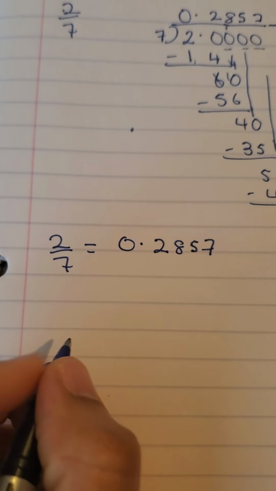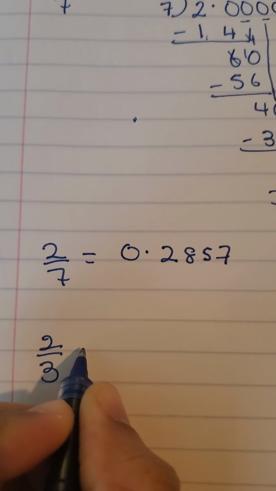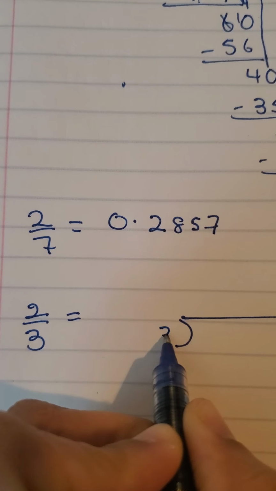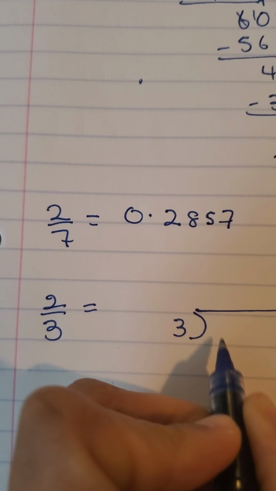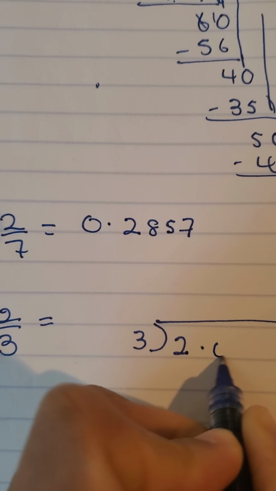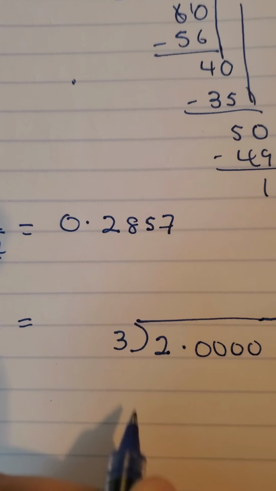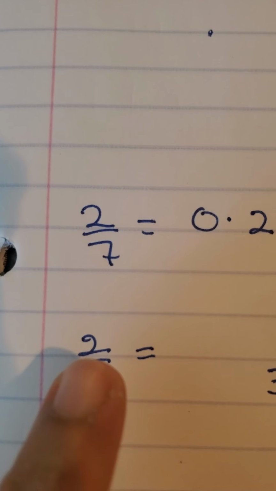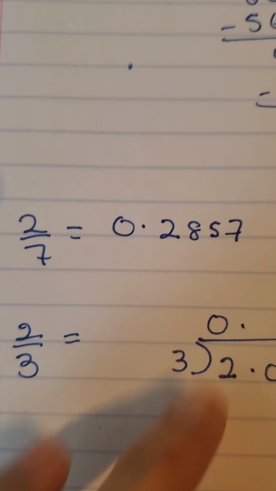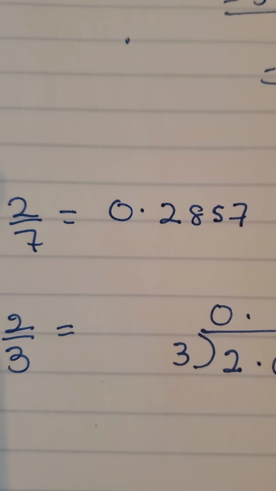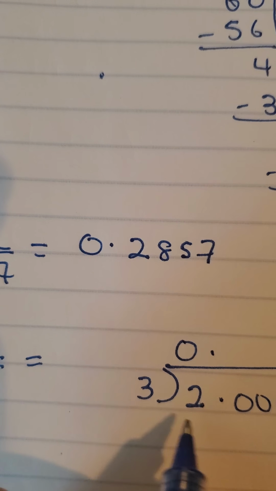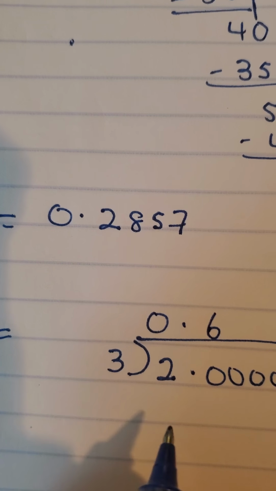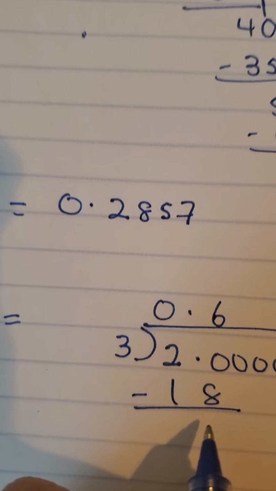So let's do another one. Let's do 2/3. I strategically chose 2/3 because you will see it's a recurring decimal. 3 is my divisor. I'm going to add my standard 4 zeros, then I'm going to start. I know there are no factors; again, it's a proper fraction, so hint, hint, there's no whole number there. No factors of 3 in 2, but there are definitely 6 factors of 3 in 20, which gives me 18.